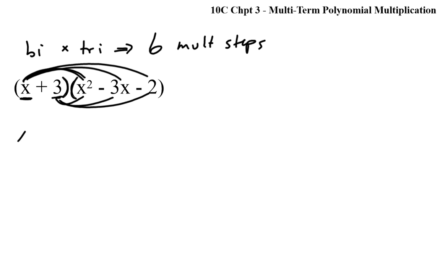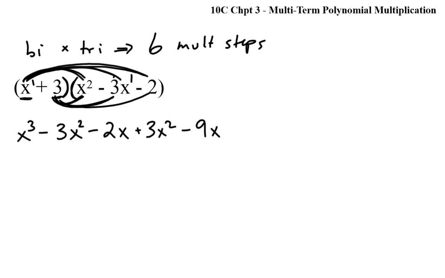X times x squared is an x cubed. X times negative 3x, negative 3x squared. Add those exponents. X times negative 2 is a negative 2x. 3 times x squared is 3x squared. 3 times negative 3x, negative 9x. 3 times negative 2, negative 6.